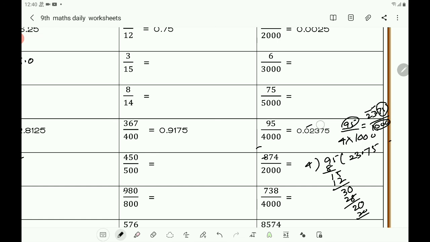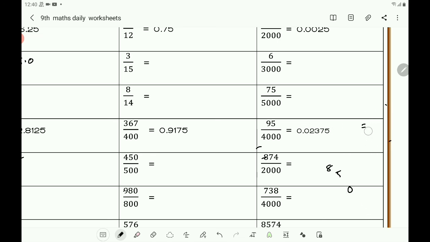After the decimal point there are 5 digits. So you got 0.02375. Already 2 digits, extra 3 digits, as there are 3 zeros in 1000. In this way, by simplifying the fractions, you can convert into decimal.